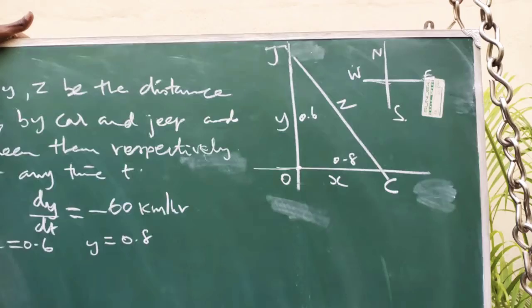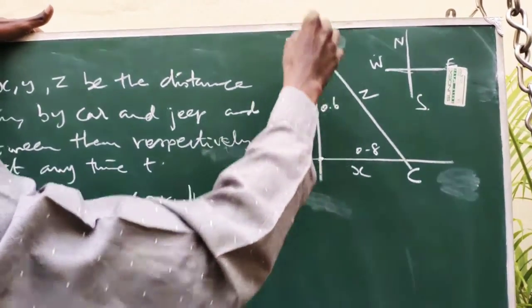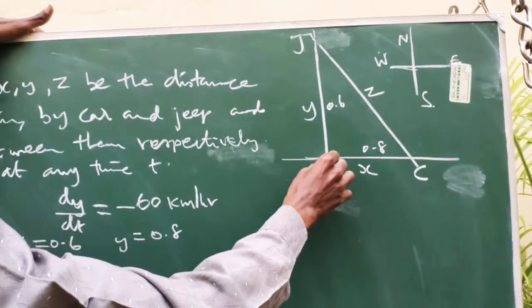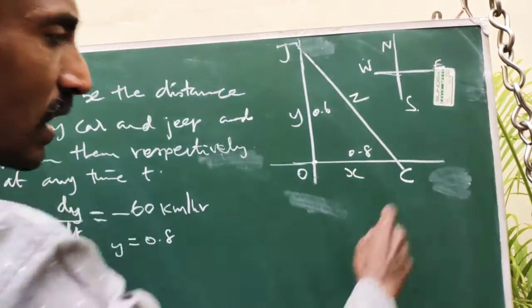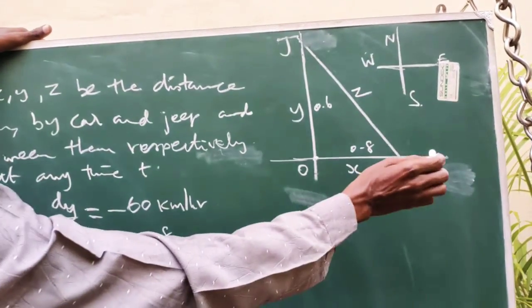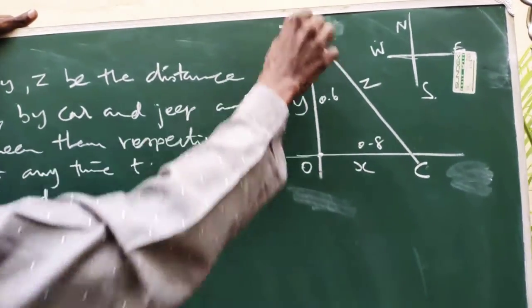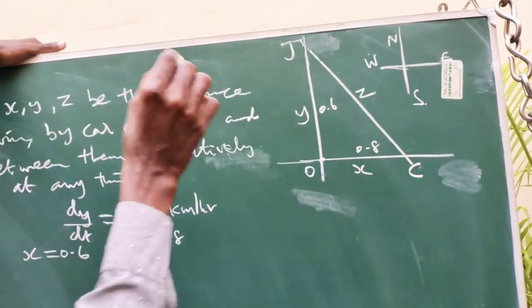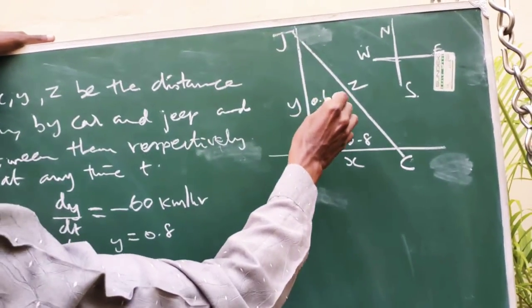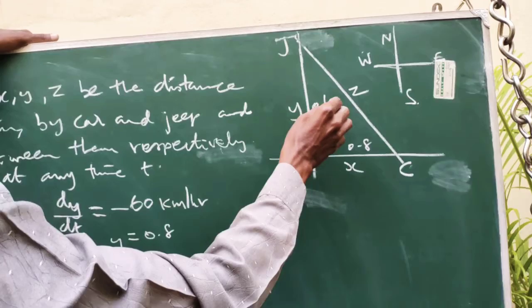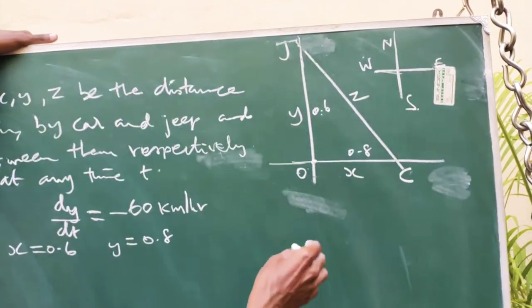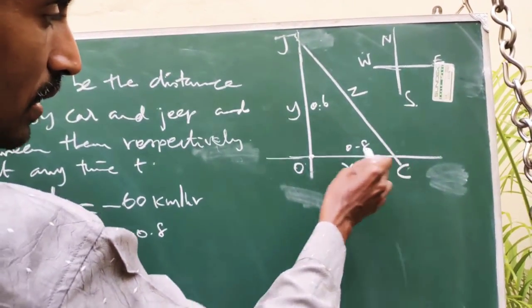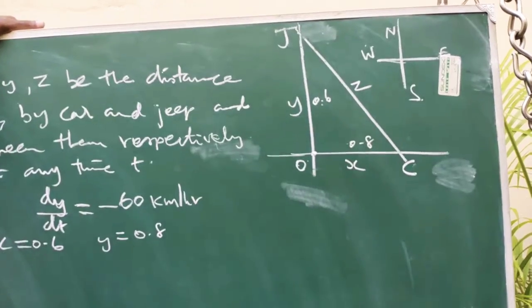It is a point of intersection. The car crosses the intersection and it is moving towards east, in the eastern direction. At that instant, the distance between the jeep and the intersection is 0.6 km, and the car and the intersection is 0.8 kilometers.